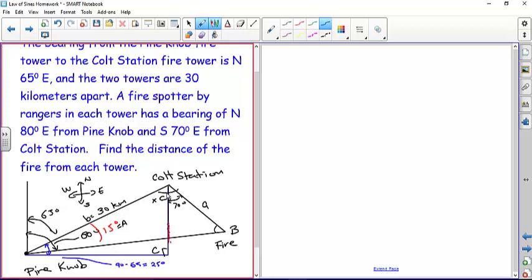So I should be able to figure out this. Well, actually, I don't even need to use the Pythagorean theorem or anything.